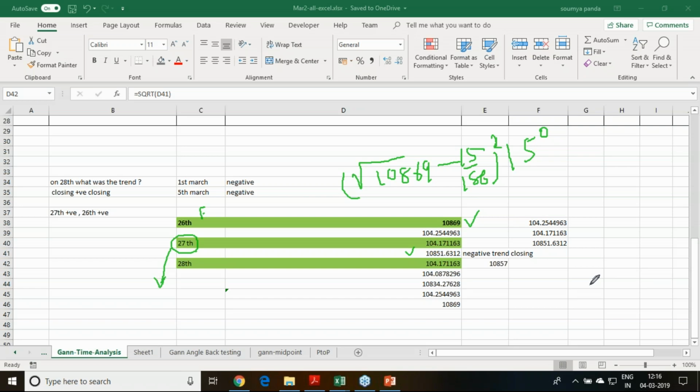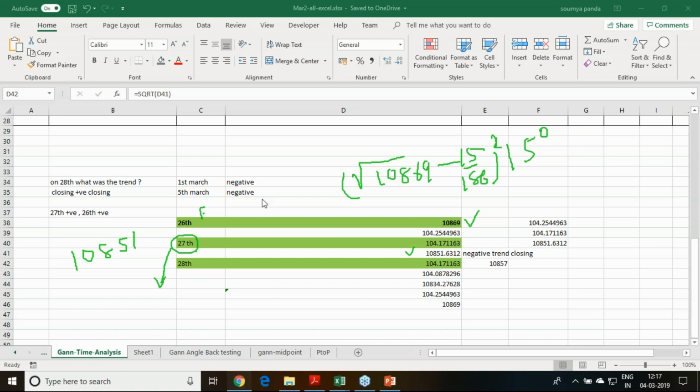If it doesn't close below that, I can simply say that it is a negative closing. However, it is not a trend negative closing. On that day, 27th of February, the closing was 10,851. This was the closing of Nifty future.